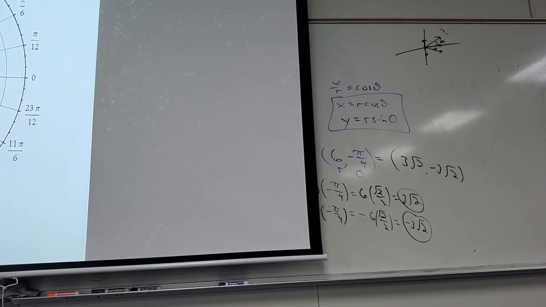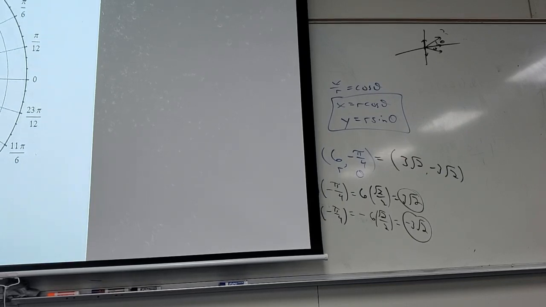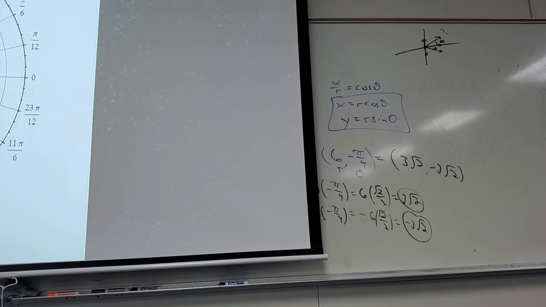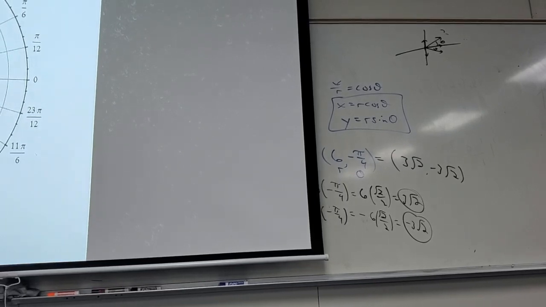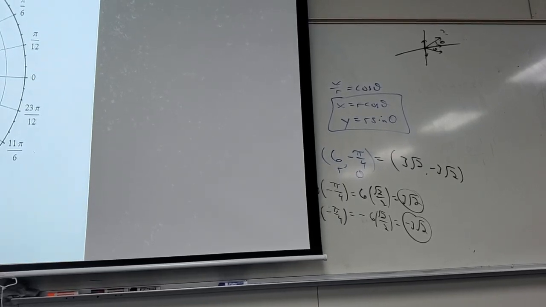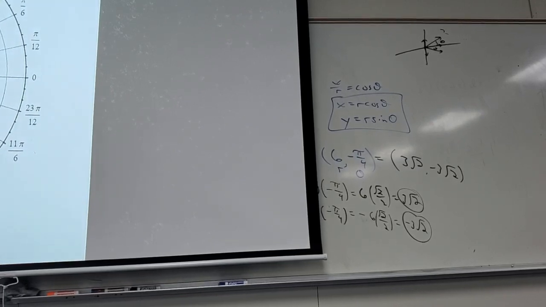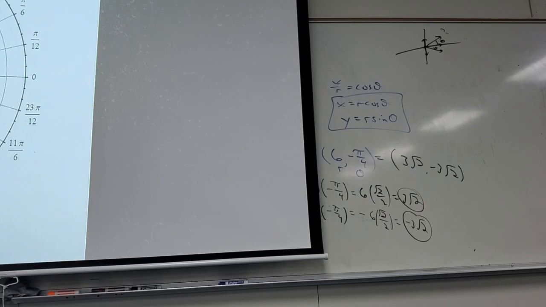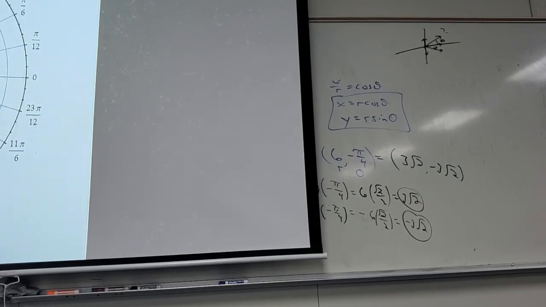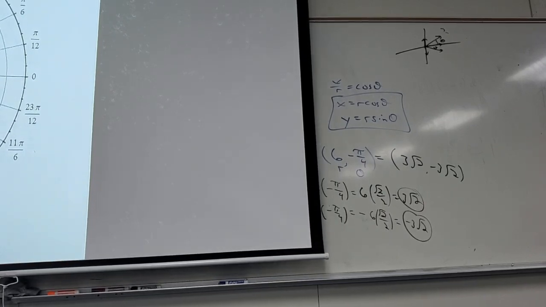You see how this one is darker? That's supposed to be 5, right? So 1, 2, 3, 4, 5. You can change your scale if you need to, like I just did. You can make this 3, 6, 9, 12, depending on what you have to plot, right? There's your radians going all the way around.